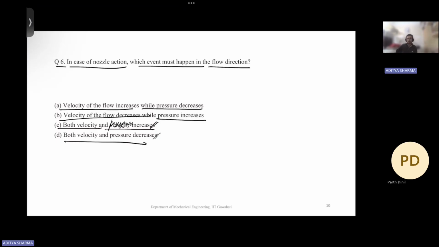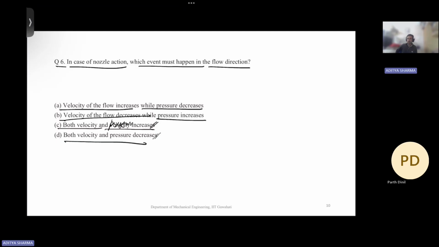Because it is nozzle action, it means velocity will increase. So A and C options say that velocity will increase. But about pressure, what happens? This pressure energy is the one that is being converted into kinetic energy, right? So if your velocity is increasing, your pressure will go down.